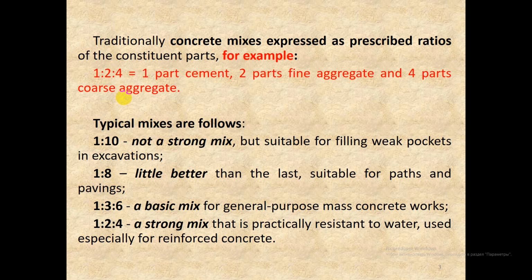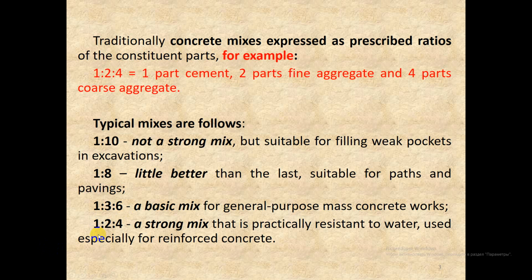1 by 8, a little better than the last, suitable for paths and pavings. 1 part cement, 2 parts fine aggregates, and 6 parts coarse aggregates, a basic mix for general purpose mass concrete works.